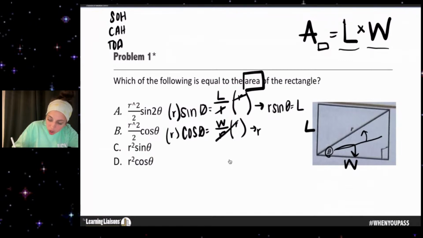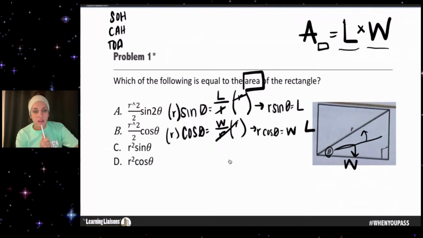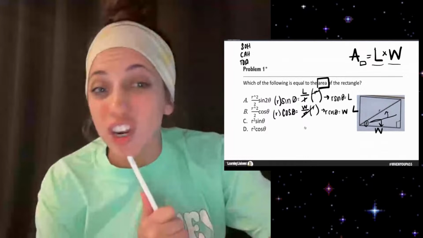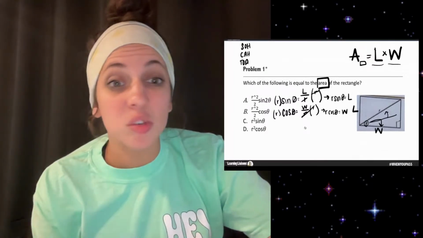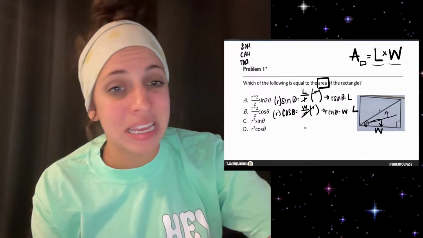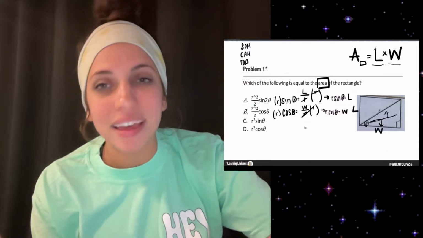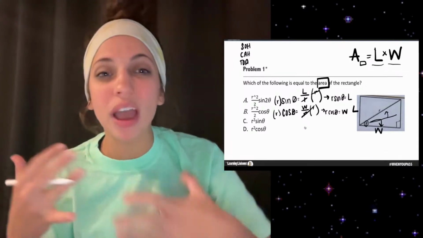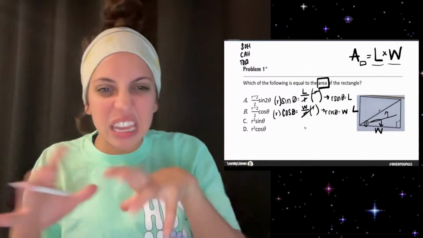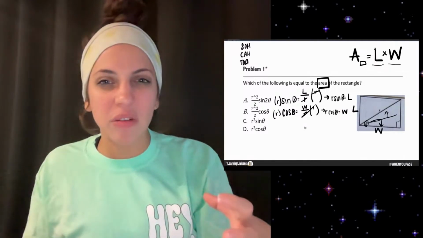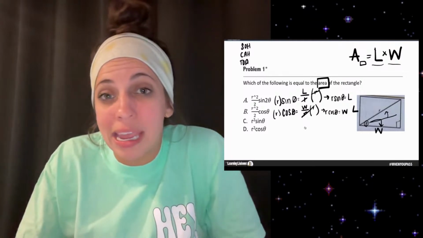So I'm left with r cosine of theta equals W. Y'all, when I first solved this problem independently, this is where I started. I didn't even know if it was going to get me anywhere. And that's okay. Sometimes you have to just start playing around with the numbers, plugging things in, messing around with the problem to see where you can get.